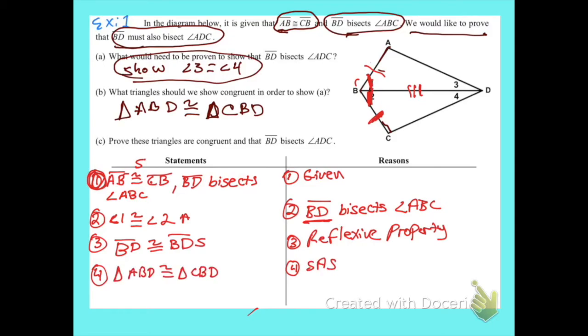But the question said that we needed to show this. Since we've already proven that the 2 triangles are congruent, then all of the corresponding parts are congruent. So 5 is going to be angle 3 is congruent to angle 4 by CPCTC.